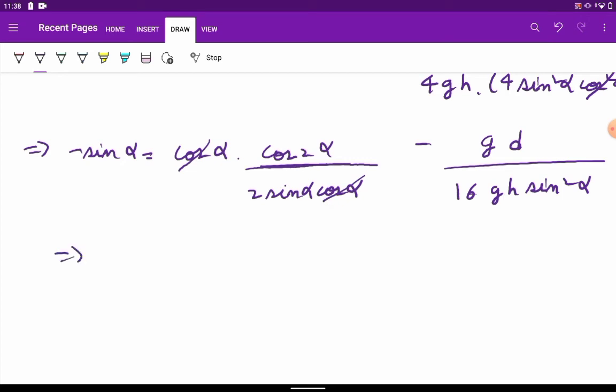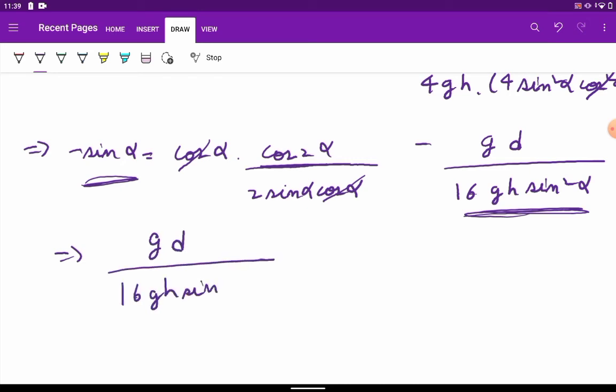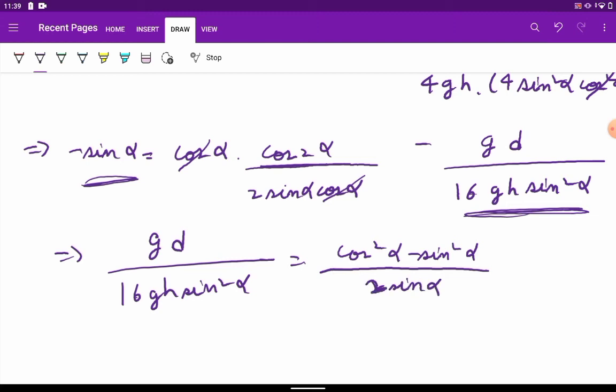If we shift this term onto the right and this term to the left, this becomes gd divided by 16 gh sine square alpha is equal to, now cos 2 alpha is nothing but cos square alpha minus sine square alpha, by 2 sine alpha, plus sine alpha, right?